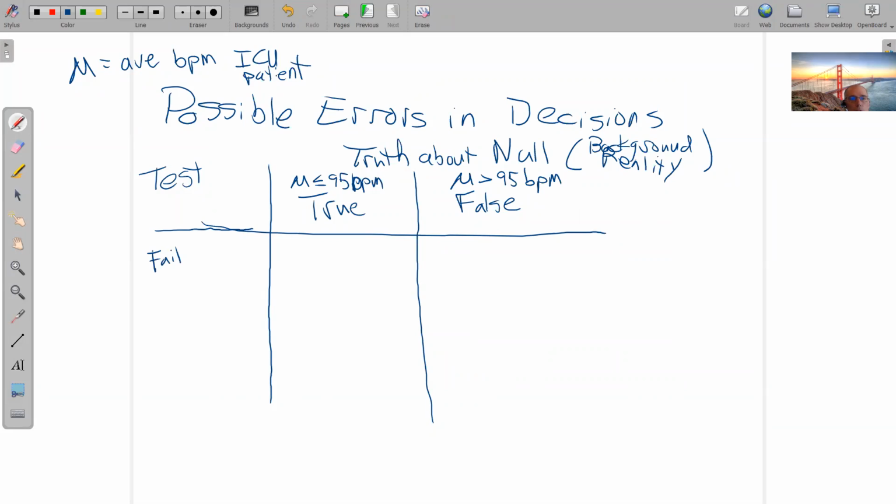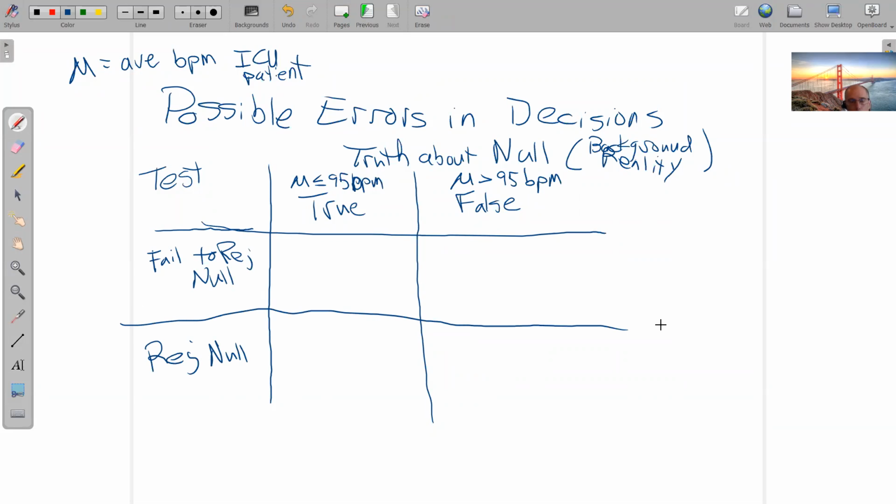So fail to reject, and this one is to reject the null. So those are my rows. All right, so if we fail to reject, what does that mean?